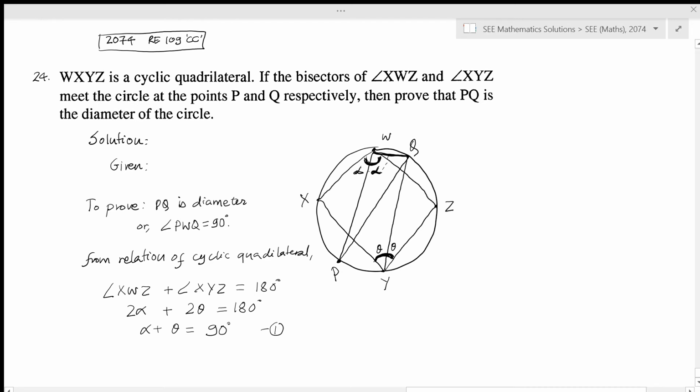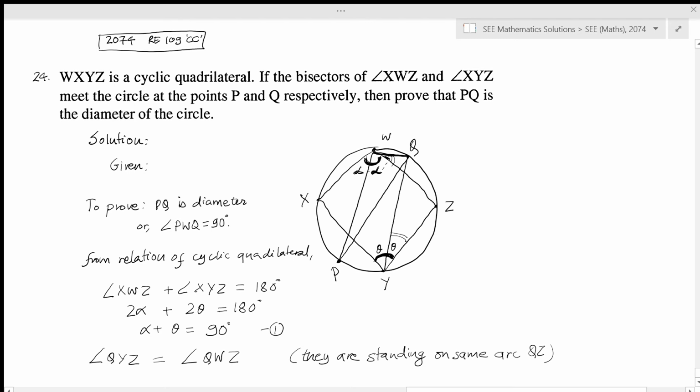And the other thing is, we can directly write angle QYZ, so angle QYZ means this angle, theta, right? Angle QYZ is equal to angle QWZ, because they are standing on the same arc QZ.